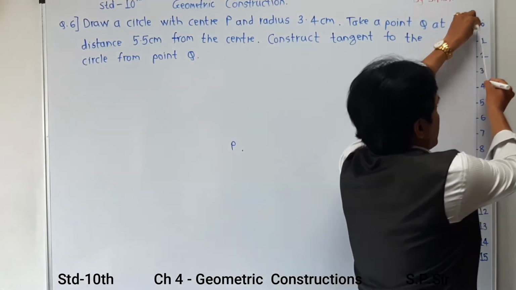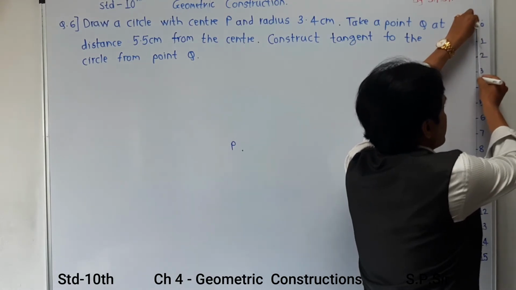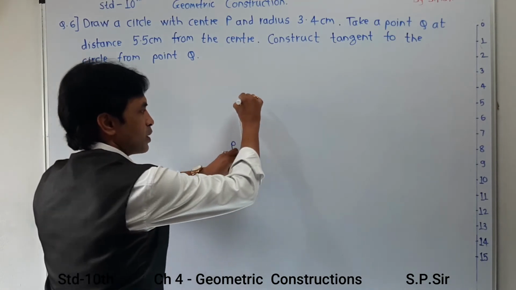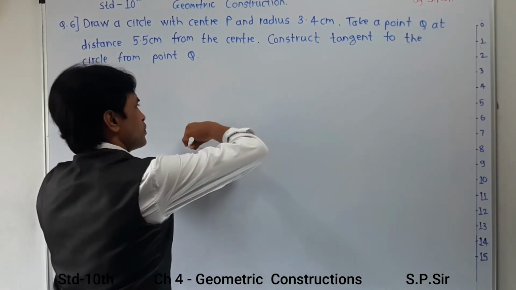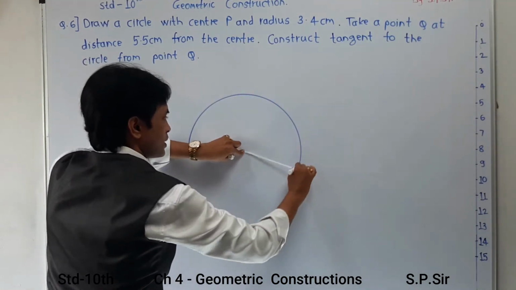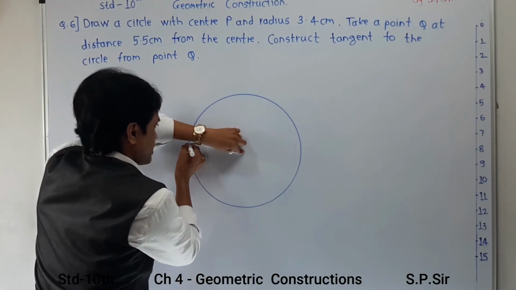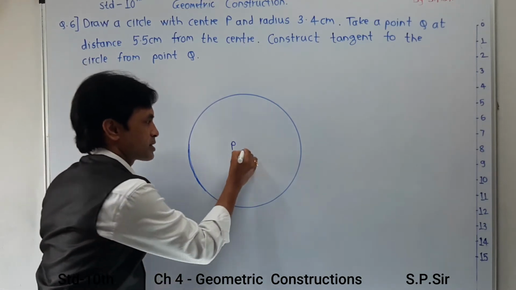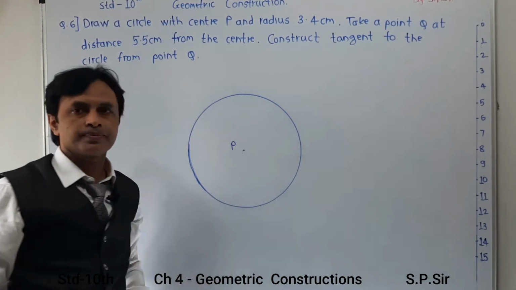According to my scale I take the radius of 3.4 centimeter, and now I draw a circle of radius 3.4 centimeter over here. Now my circle is ready in the diagram, and this is the center of the circle, P.